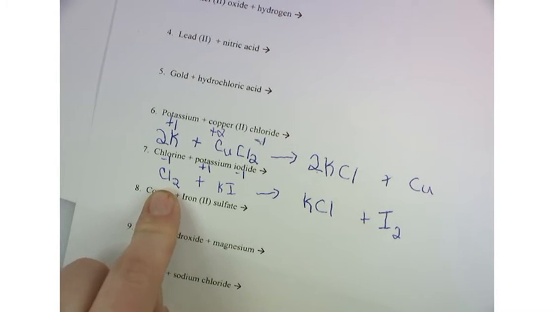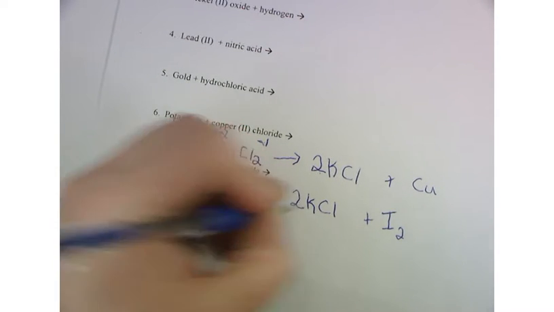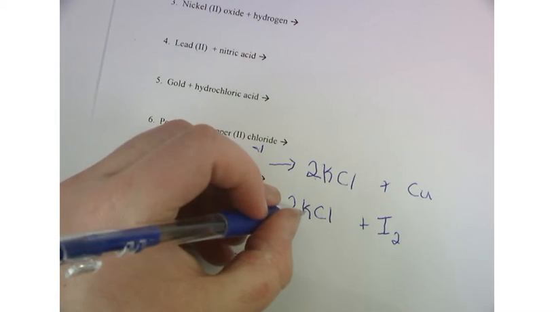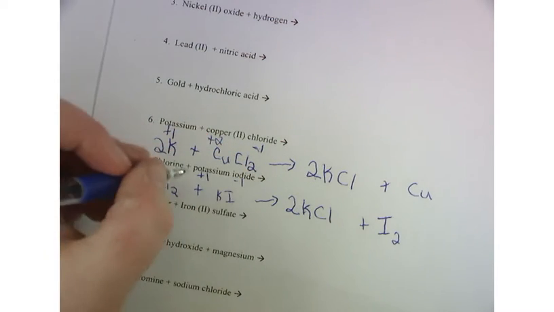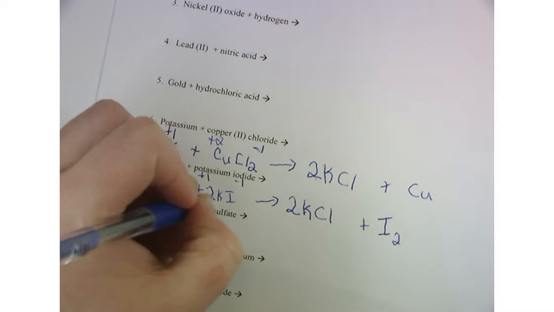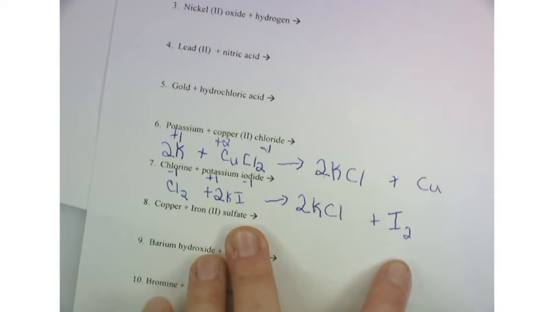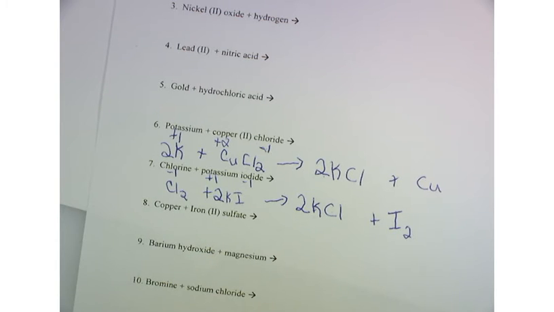We have 2 chlorines over here, only 1 over here, so this will need a coefficient. That changes this. So now I have 2 potassiums. So I'm going to need 2 here. And this 2 will also fix my iodine because now I do have 2 iodines on both sides. So number 7 is now completely done.